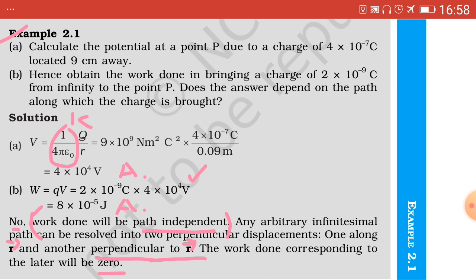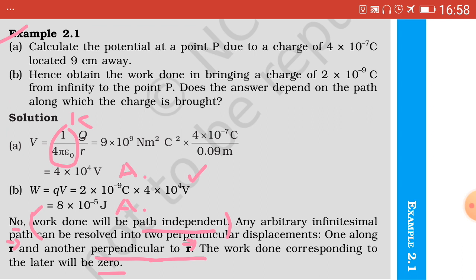Charge small q equal to 4 × 10^-7 C. Small r equal to 9 centimeter. Then capital V equal to question mark.